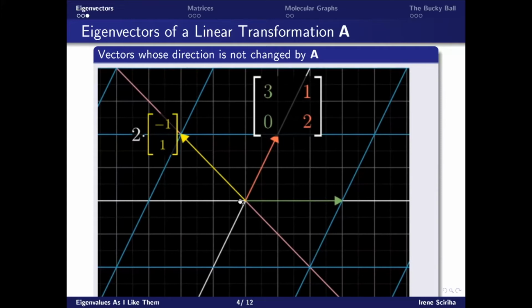So what happens to a general vector? If you have a vector somewhere in the middle there, it is influenced by both effects. And you get both the stretch along the x-axis and the stretch along the minus 1, 1.